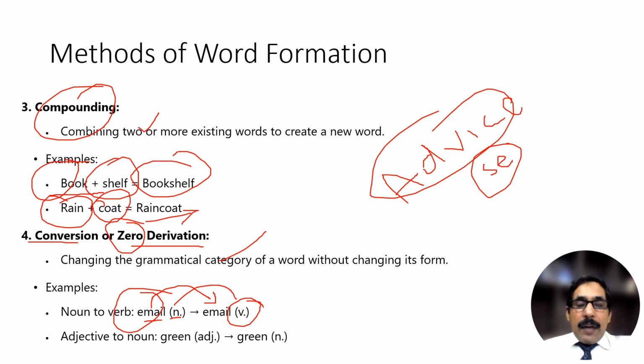Email, email. Similarly, green, adjective, green shirt. Green, noun, name of a color. So there is no affixation, only conversion from one category to another, from noun to verb, from adjective to noun, but there is no change in form. If you look at the example advice and advise, noun and verb, here the category has been changed.